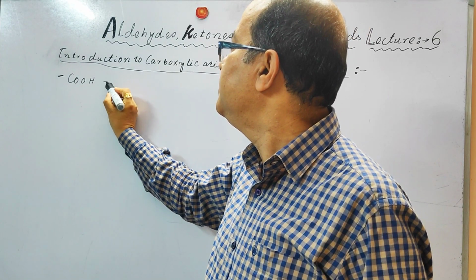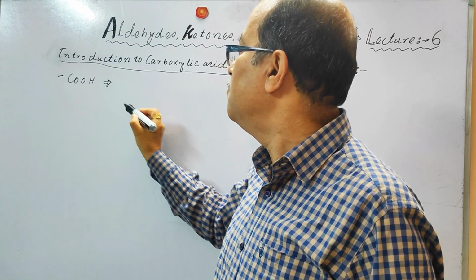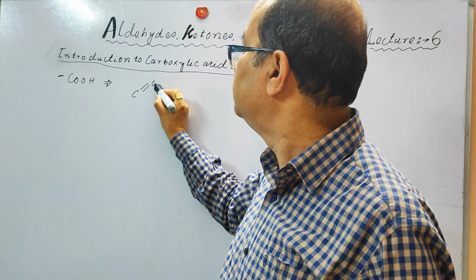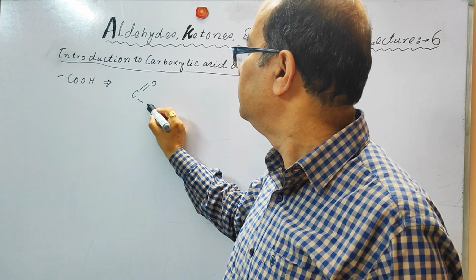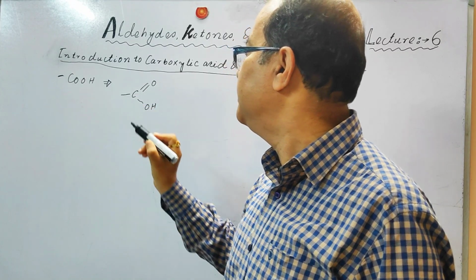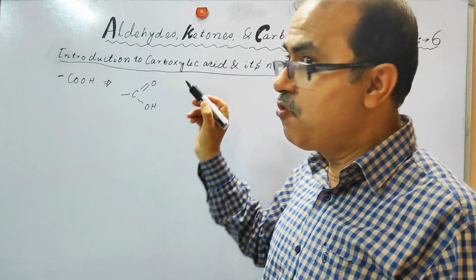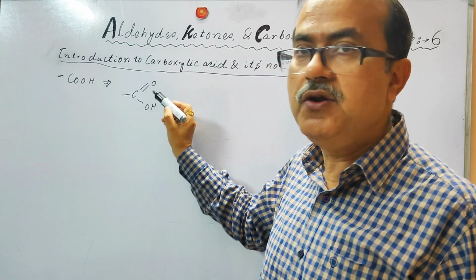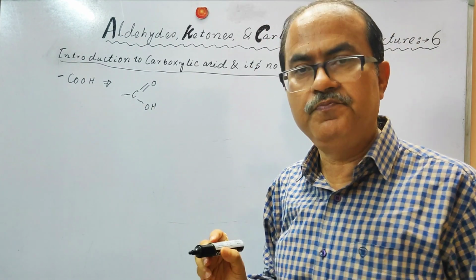If we see the structure of the group, it is like this. This is the structure of this group, and you can see here it is composed of 2 groups, that is, one is the carbonyl group and the other is the hydroxyl group.